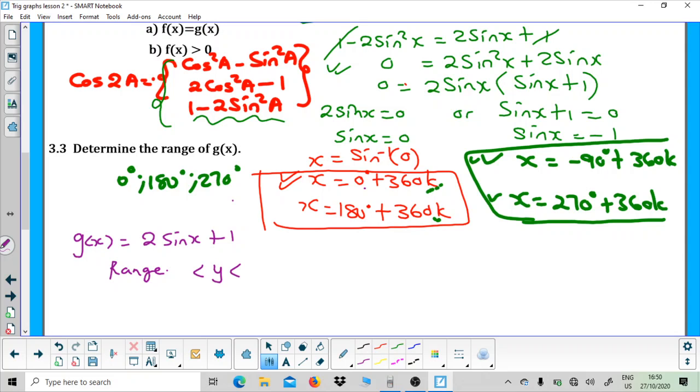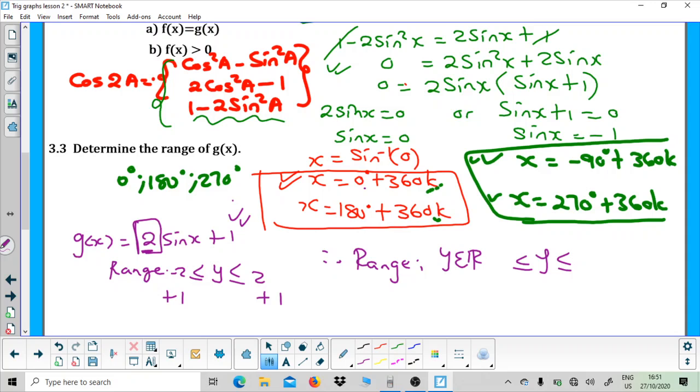Your amplitude is 2, so y was going to be between negative 2 and 2, because the amplitude, which is A here, is 2, but there was a shift 1 unit up because of that +1, so you have to add 1 on both sides. So your actual range for this one will be y is an element of real numbers, and y is in between and including what is -2 + 1. Well, I believe you're saying -1, and then 2 + 1 must be 3. So as you can see, the range can be calculated by looking at your A and your q. That will be the range.